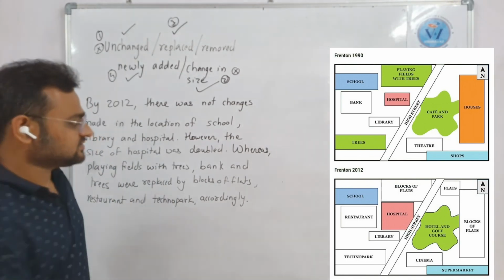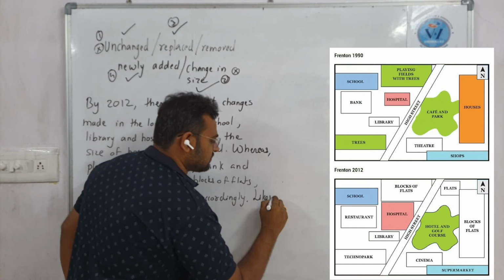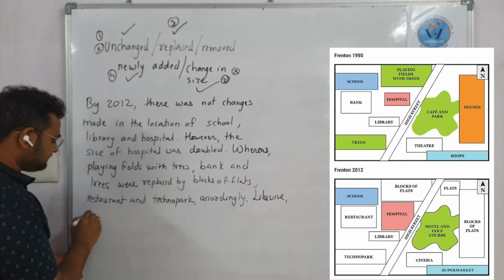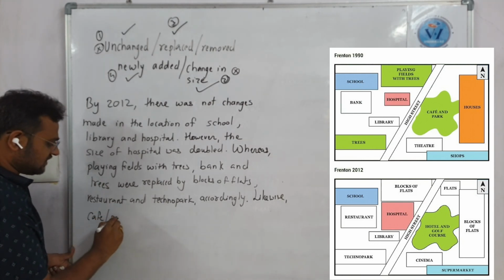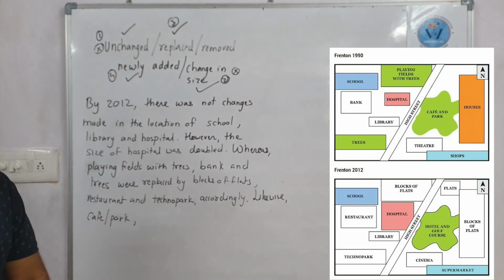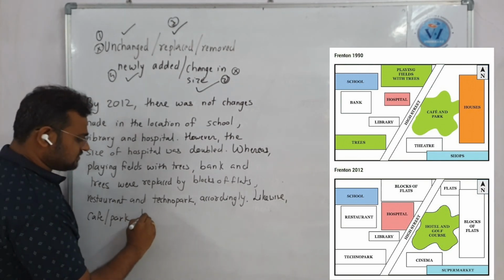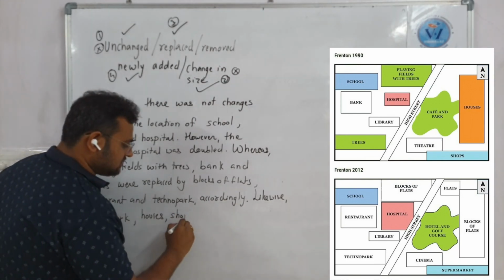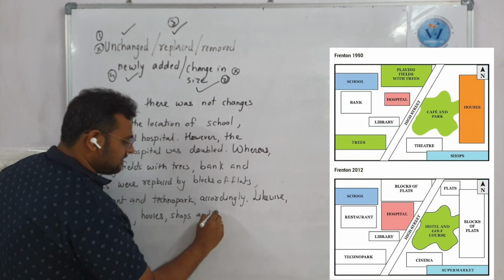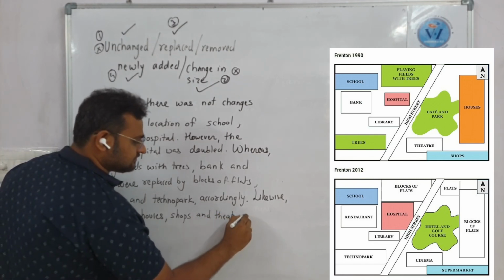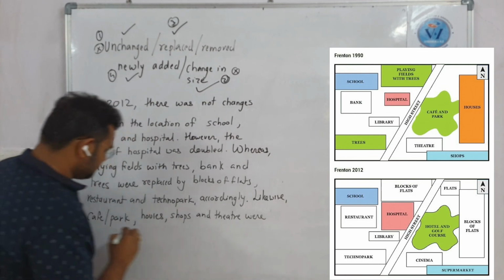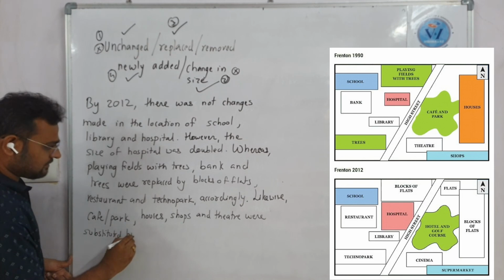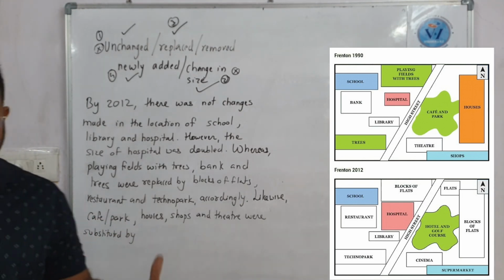Similarly or likewise. Likewise, okay, cafe and park, I will use oblique. Clear? Houses, shops and theater were substituted by. So what's the place of cafe and park?